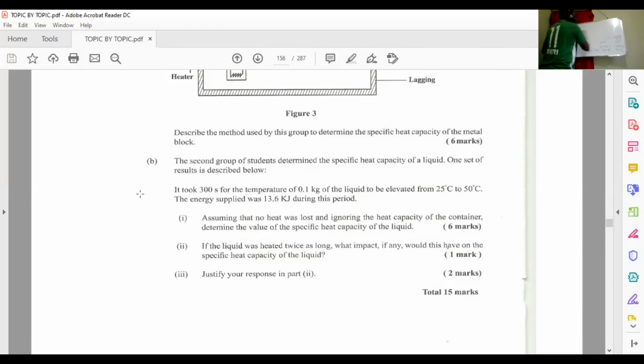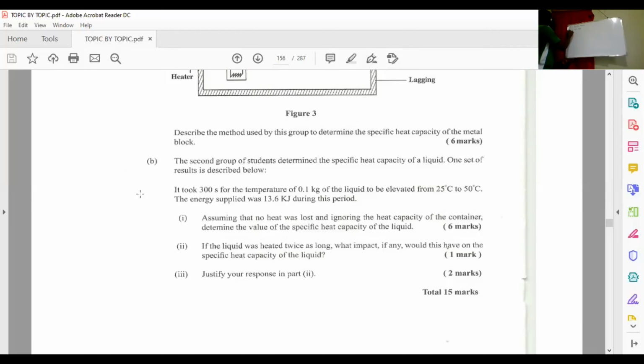All right, so again, we're going to identify what we're given in this case. We're given the time it took, which is 300 seconds. We're given the mass, which is 0.1 kilogram.